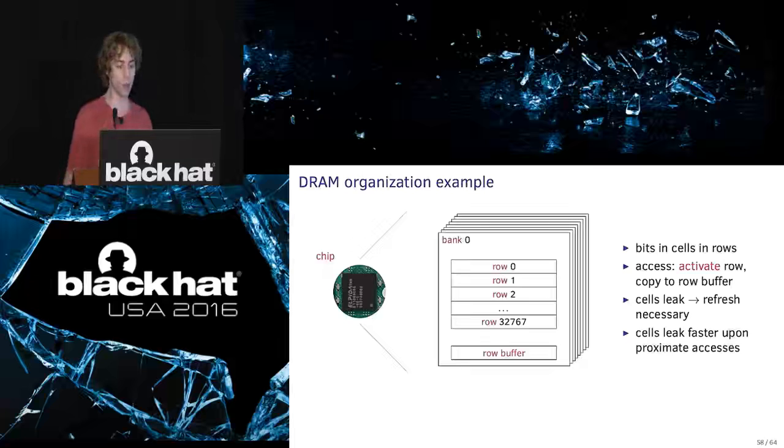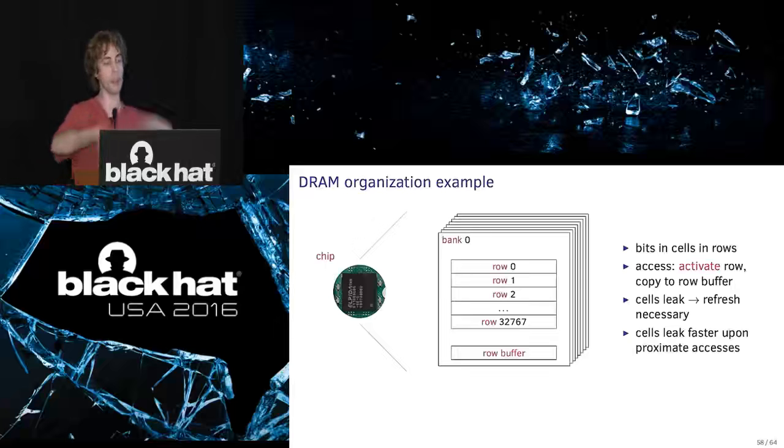So why does the bit flip actually happen here? DRAM cells lose their charge over time. They leak the charge, and if you let them leak the charge long enough, they would lose the value that they stored. So you need to refresh the value that is stored in the cell very frequently. This is done by just reading the value from the row and writing it back. If you don't do this fast enough, then you will have data errors, you will have bit flips.